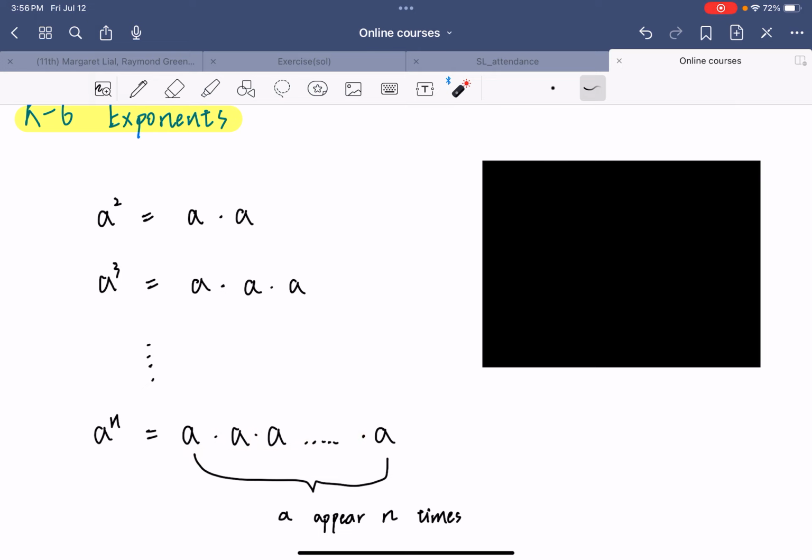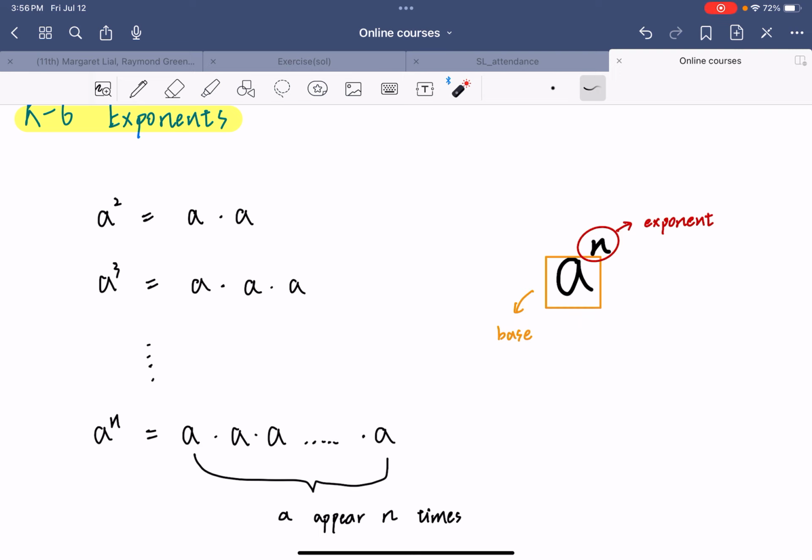So the way we express an exponent, you can see here, the bottom one, a, we'll call it the base. It's the base of this number. So we will say a is the base and n is the exponent.